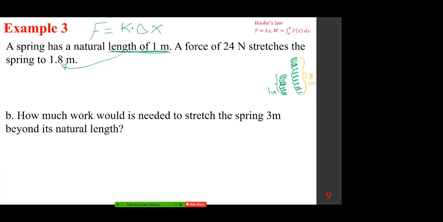We have stretched it hard enough to go to 1.8. What matters is the difference between the two, okay? I can't emphasize this enough. So F equals Kx, that's the formula we use, but remember in physics is delta X, the change is 0.8 in this case, okay?